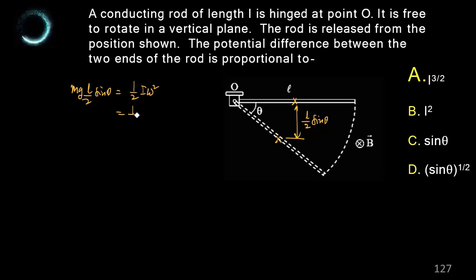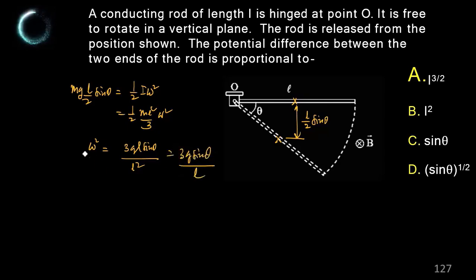Now what is I? I is equal to ml square by 3, since the rod is hinged at the end point. So ultimately omega square equals 3g sin theta by l.